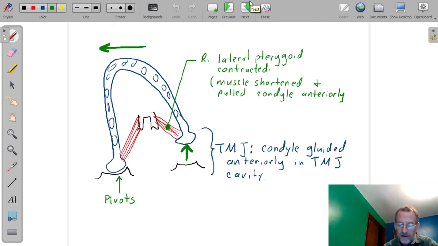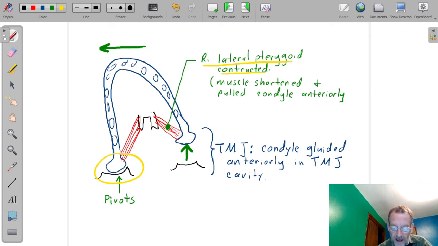So what happens, again, is only the right lateral pterygoid is contracting. So this is unilateral contraction. The left one is not doing anything. And so it pivots. On the left, this condyle isn't going anywhere. It stays in the fossa of the temporal bone.